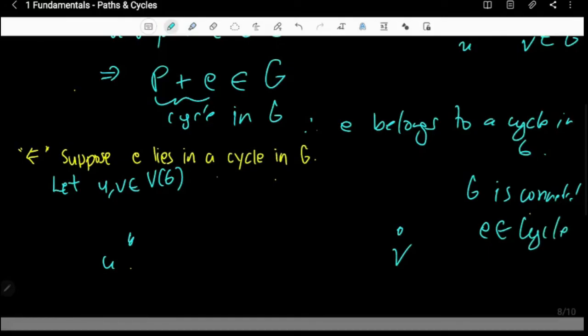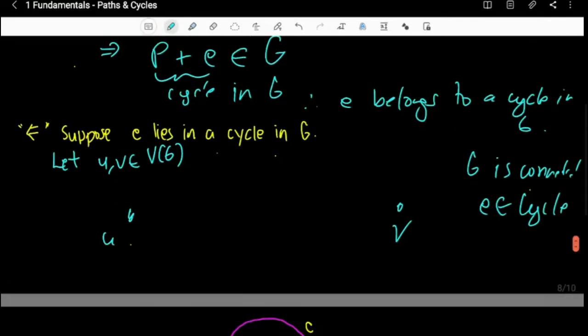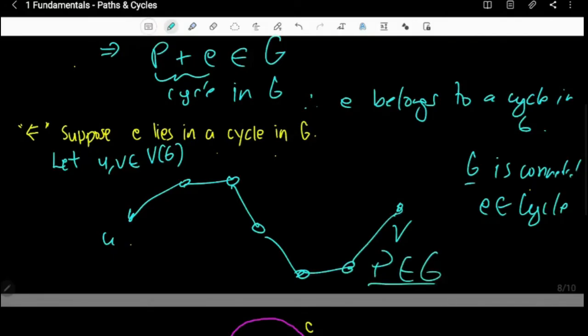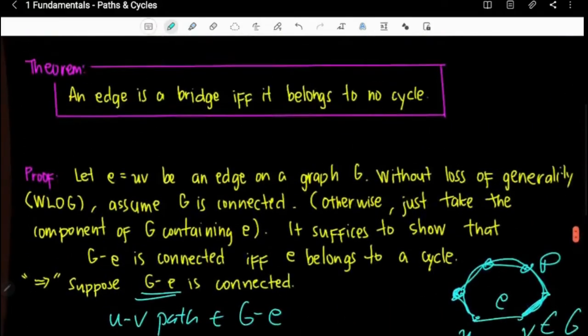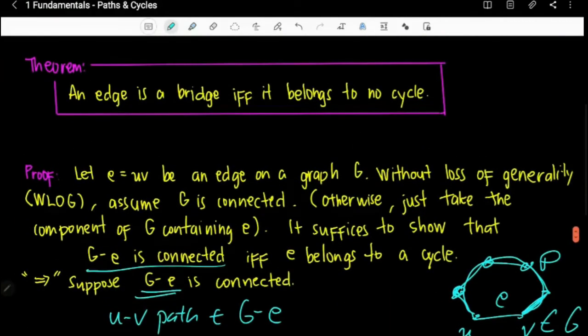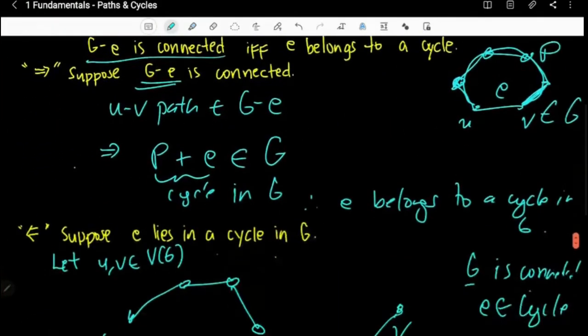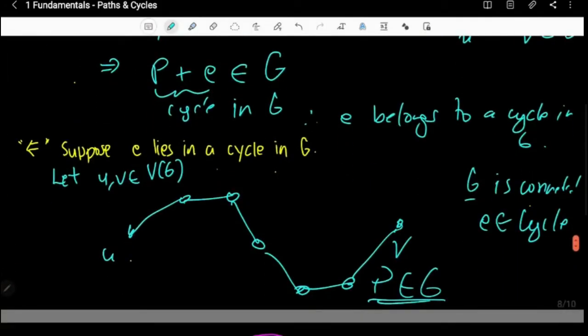Since G is connected, then G has a path P. Kasi G is connected eh. So kung si G lang yung titingnan natin, dapat makakakita tayo ng path papunta kay V. Yan. There's a path in G. Na kay G siya. Ang gusto natin ipakita, yung G minus E yung connected. Okay. Pero ang alam lang natin connected, yung G.